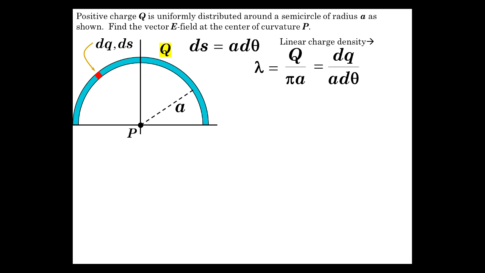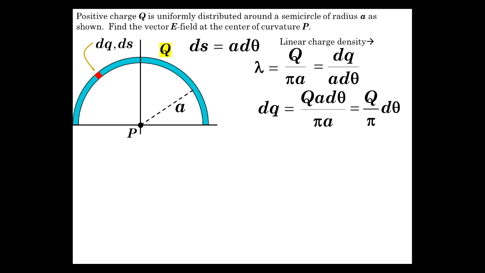differential length. Woohoo! So dq, translating dq, since we're not going to be able to integrate with respect to dq, but we will be able to integrate with respect to theta, is q a d theta over pi a. All right, so we've just made the translation.